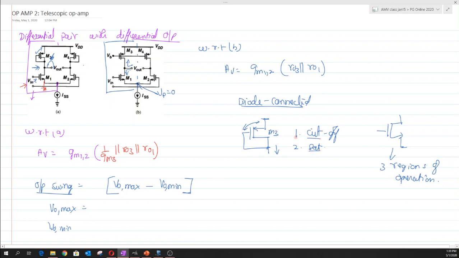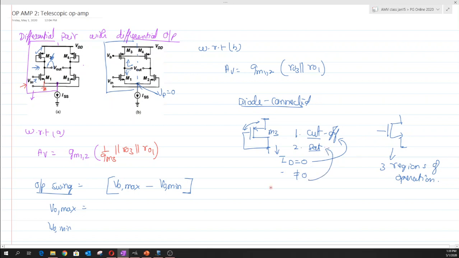The way one could distinguish the two regions of operation is by looking at the current. Whenever the current ID flowing through M3 becomes equal to 0, this transistor is in cutoff, and whenever it is a non-zero value, so whenever some current exists, it will be in the saturation regime.